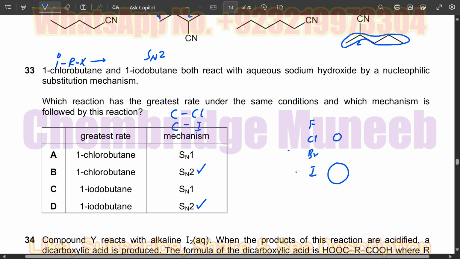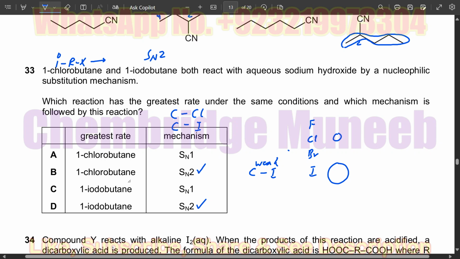So the C-I bond is weaker because of the greater size of the iodine, and that is the reason that it can easily be removed and a new nucleophile can be attached to the carbon. So a weak bond gives a faster rate of reaction in the case of iodine.